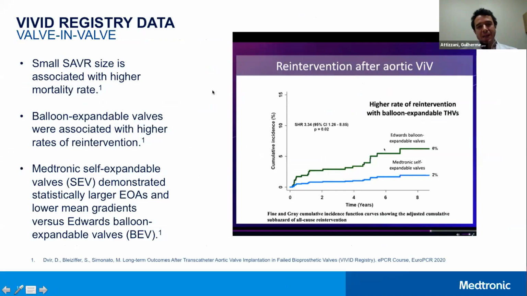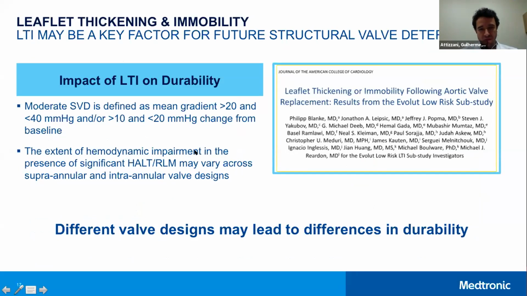We know the hemodynamics, and we presented this at TVT as a late-breaking clinical science, that the hemodynamics of EVOLUT when we do valve in valve is great. The fact that it's a supra-annular device delivers better hemodynamics, and likely this might be one of the potential explanations for why the balloon-expandable valves required more re-interventions when you do valve in valve. Just going quickly here, in terms of leaflet thickening and immobility, what is the impact that has on durability?